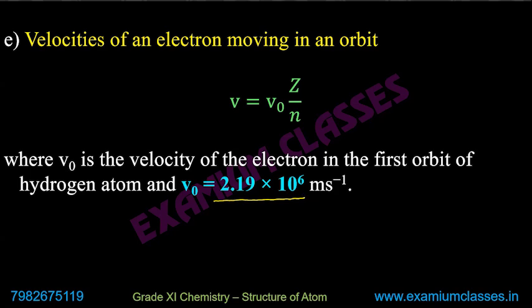Sir, is it again for hydrogen-like species? Yes. For hydrogen, Z will be 1. For others, it will be 2, 3, 4. So write these formulas and memorize today only. Tomorrow you have to solve an assignment.